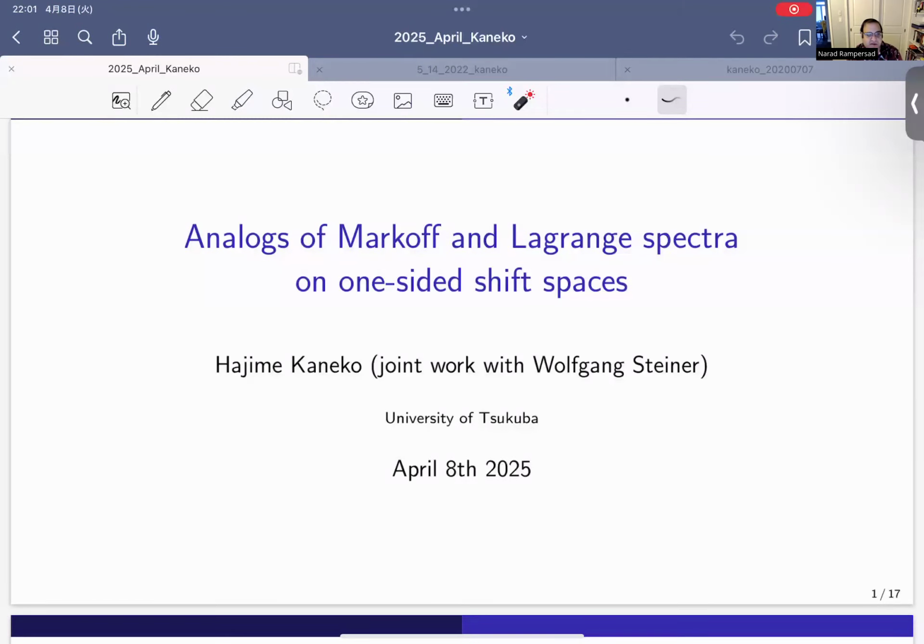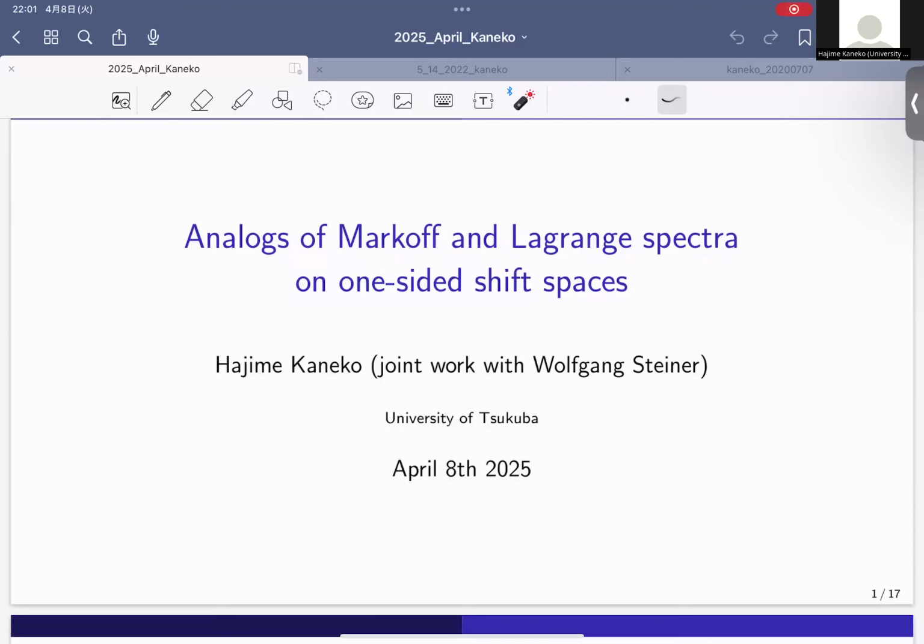Thank you for the introduction. Today, I would like to talk about an analogy of the classical Markov and Lagrange spectra. The original Markov and Lagrange spectra are related to rational approximations of badly approximable numbers. Later, a multiplicative version of the Markov and Lagrange spectra was discovered.